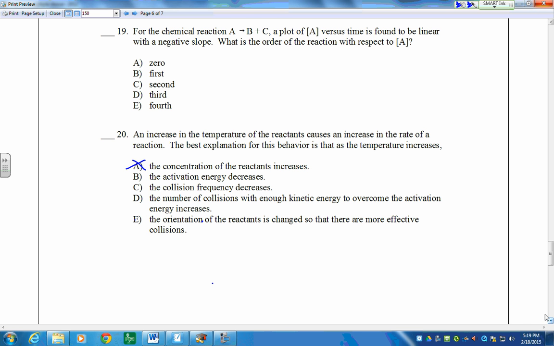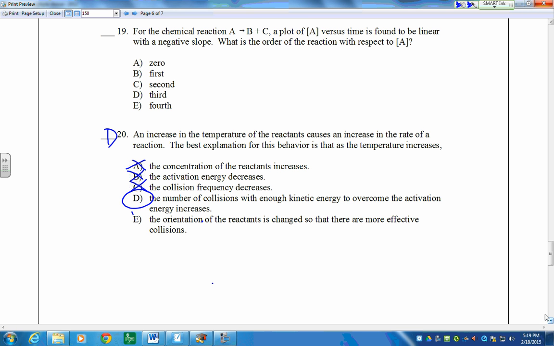The activation energy decreases. That's not true. The only thing that makes the activation energy decrease is the addition of a catalyst. You didn't add a catalyst, you just heated it. The collision frequency decreases. Heck no, when things move faster, they collide more often. The number of collisions with enough kinetic energy to overcome the activation energy increases. That is the answer.